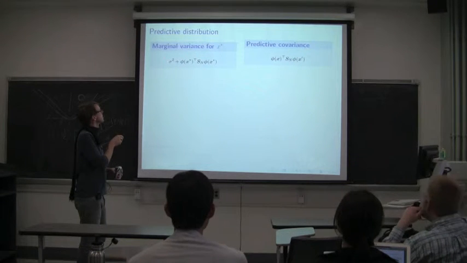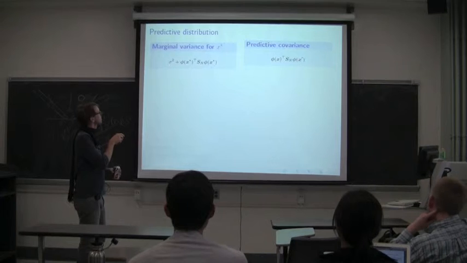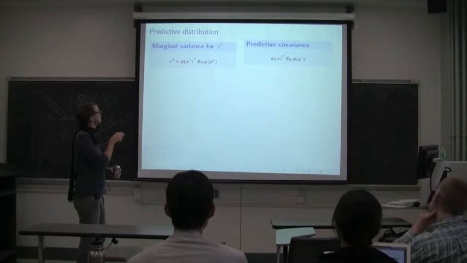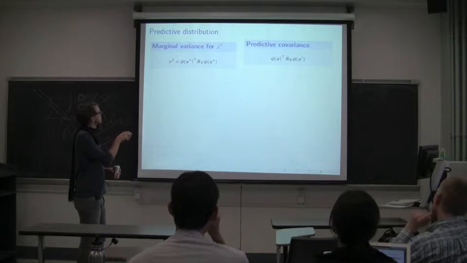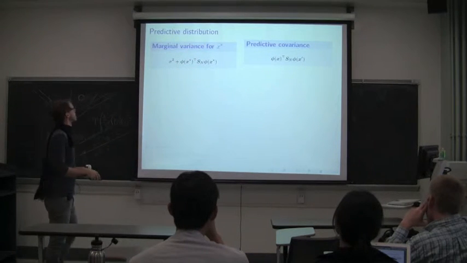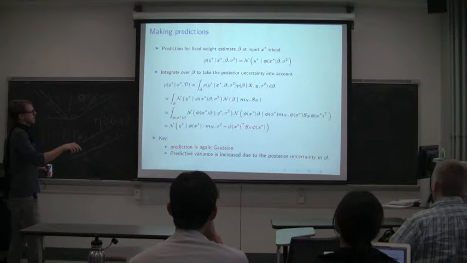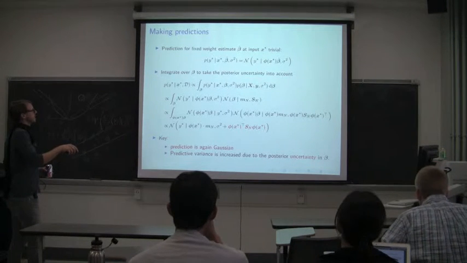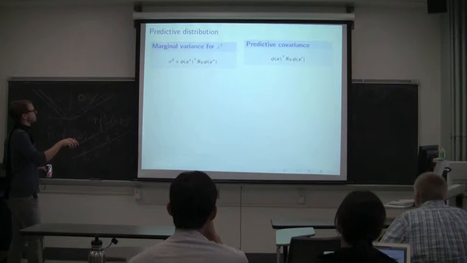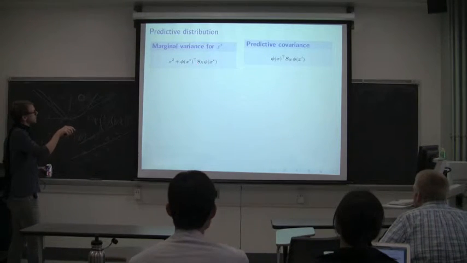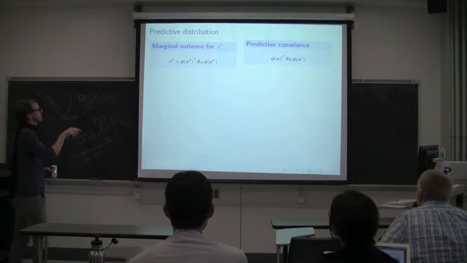The marginal of this for a given individual is just the noise variance plus the variance that comes through the posterior, the linear transformation of the posterior times x. So this is the posterior covariance of beta, and this is the linear transformation of it.